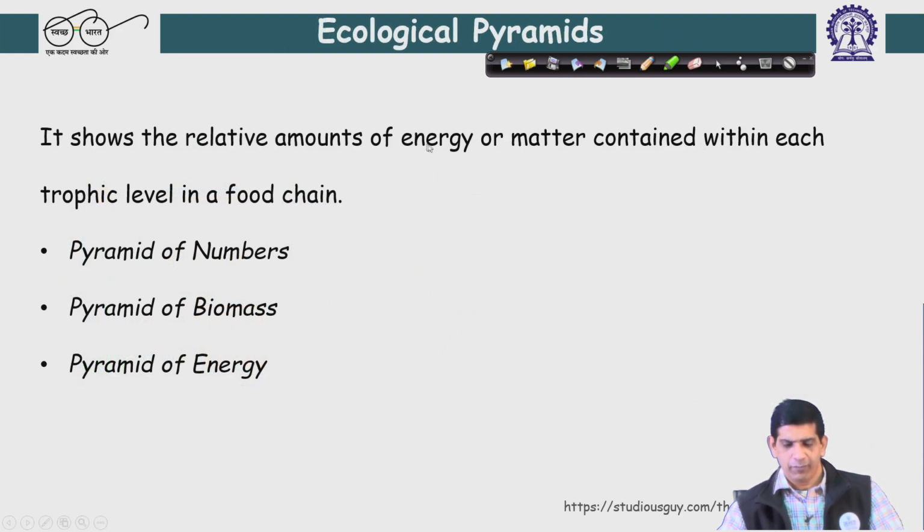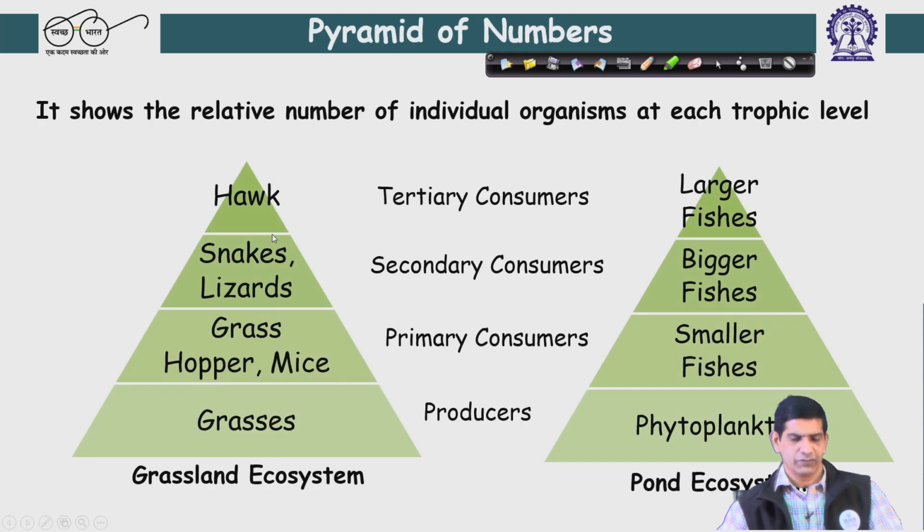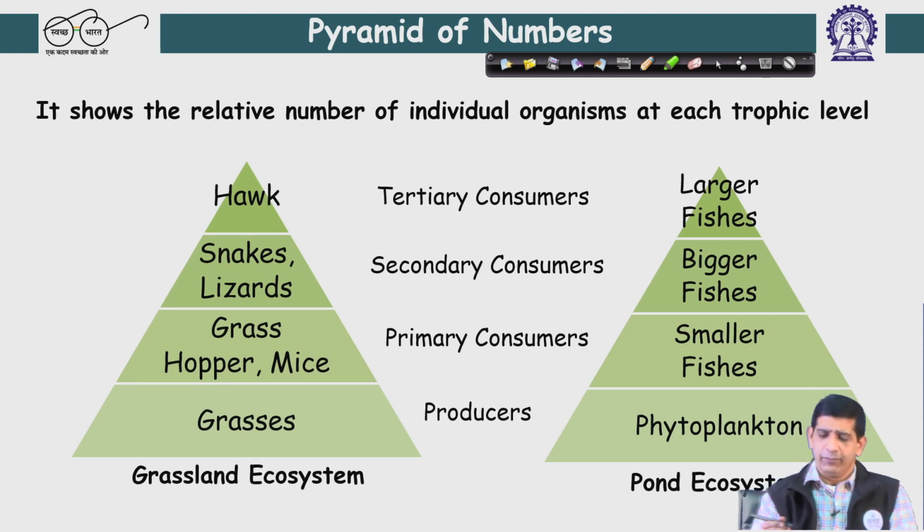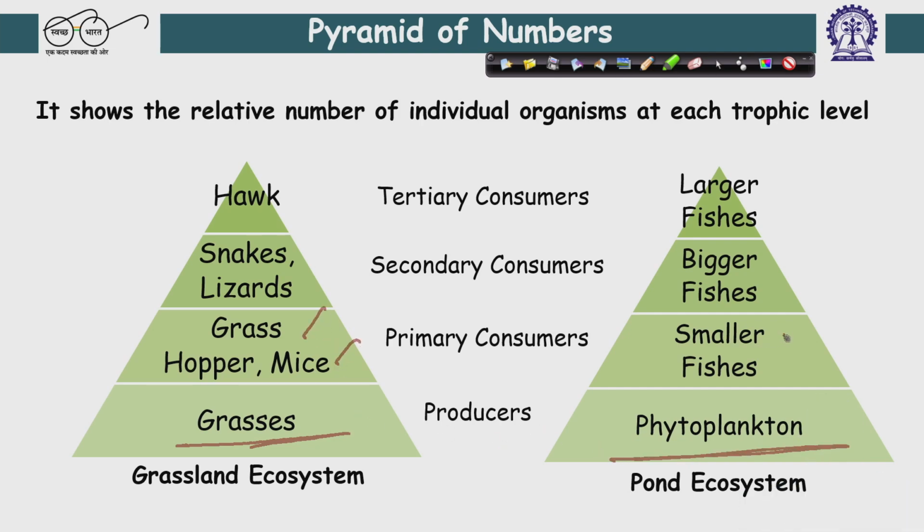It shows the relative amounts of energy or matter contained within each trophic level in a food chain. So we can look at the pyramid of numbers, pyramid of biomass, or pyramid of energy. We did look at it in the previous one. If you look at the grassland ecosystem or a pond ecosystem in terms of the pyramid of numbers, in both cases you start with grasses or phytoplankton. Then you have grasshopper, mice, and smaller fishes, which are your primary consumers.